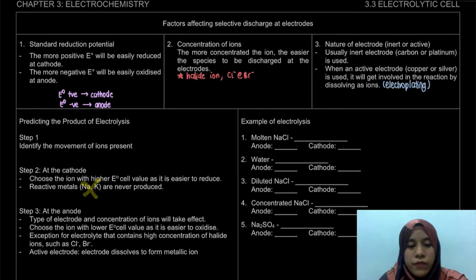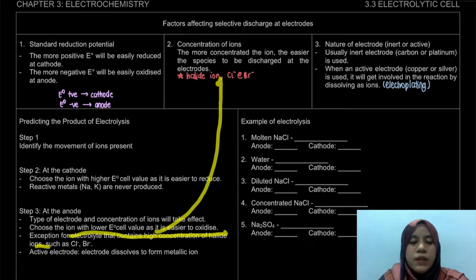Okay, but in the case of the anode, here we have a lot of conditions that we have to look at, which are the type of electrode and the concentration of ion. By default, we choose the ion with the lower E0 cell. But there is an exception for electrolyte that contains a high concentration of halide ion.